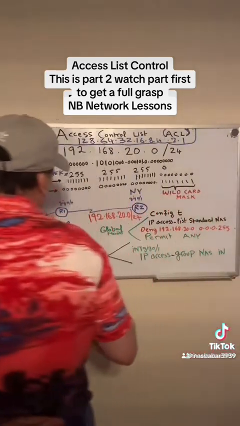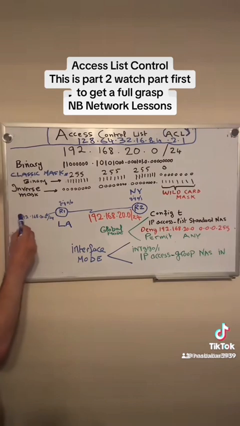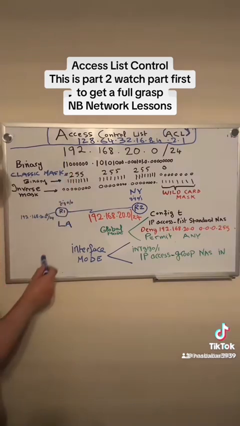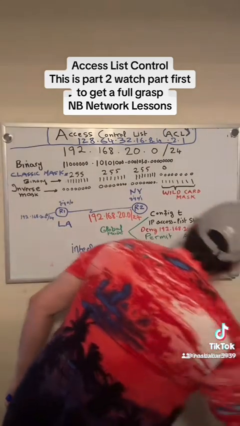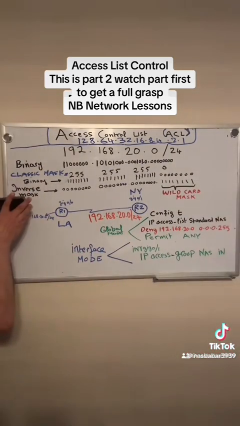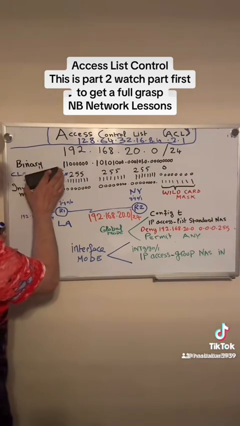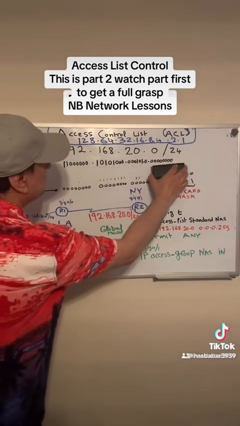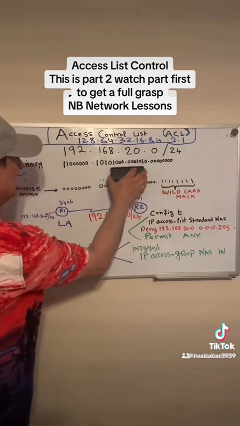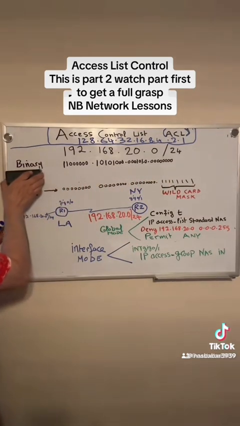However, can we say that in case of 192.168.20? Not really. Why? Let's take a look. I'm going to erase this part right here so that you can understand this concept better.